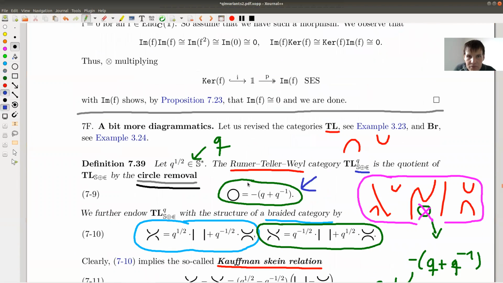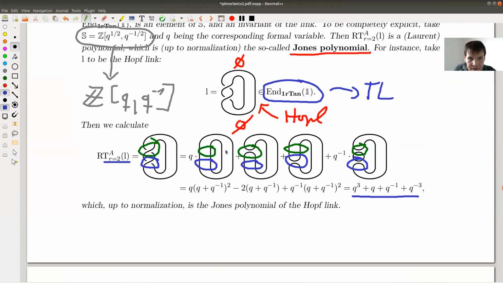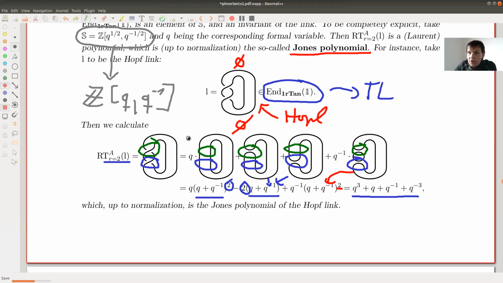Count the number of components. Each component gives you a scalar like this one here. So here I see two components, I get two of those scalars. Here I see one component, I get one of those scalars. Here I see one component, I get one of these scalars, but those two combine in this thing. And here I again see two components, so I see two of those scalars. Just add it up, and I end up with a polynomial in Q.